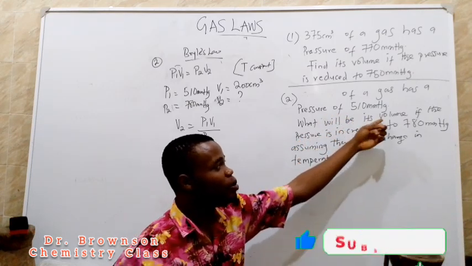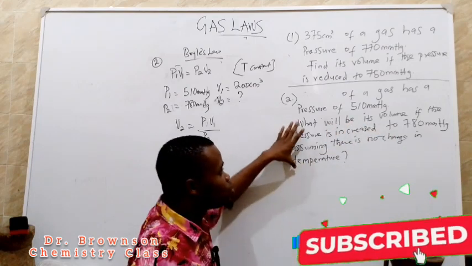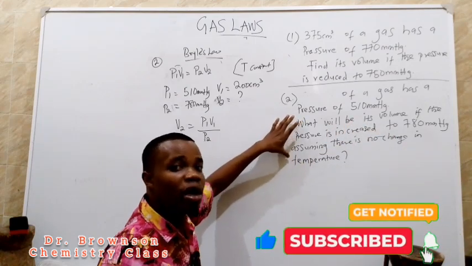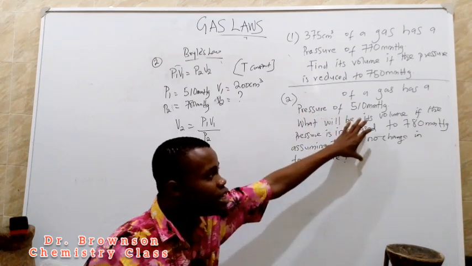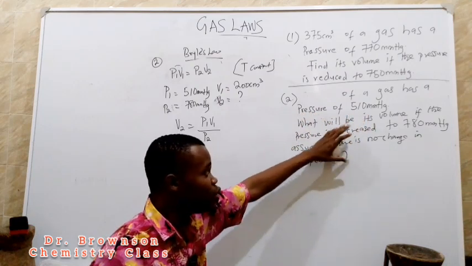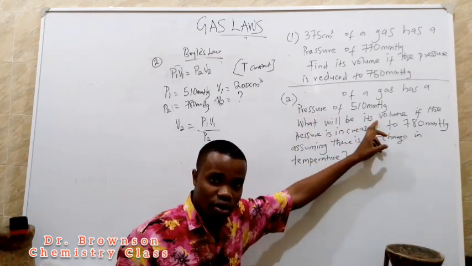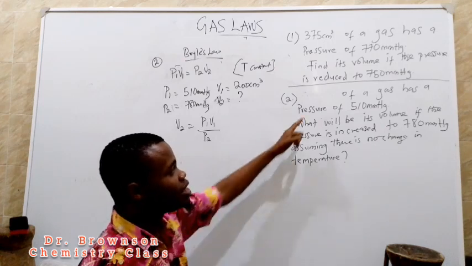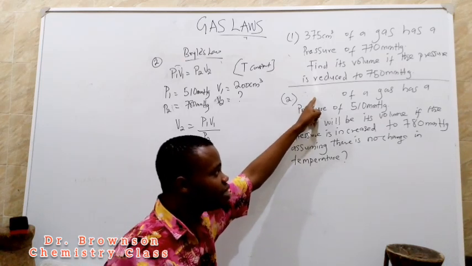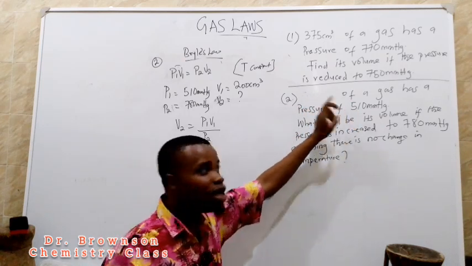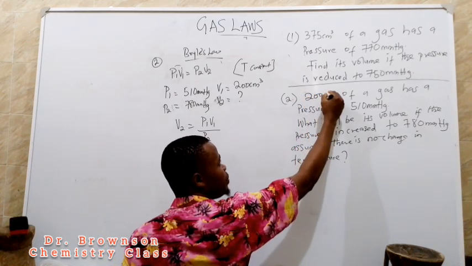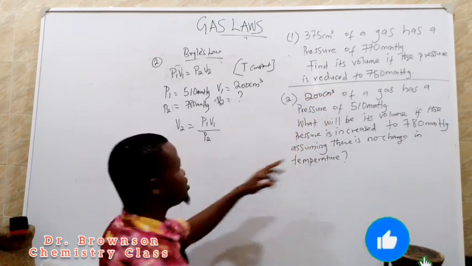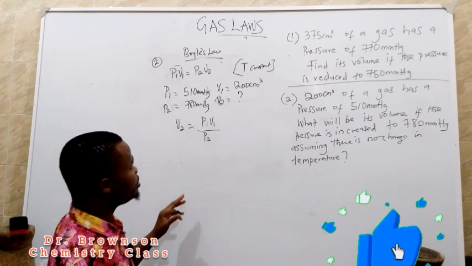Let's say the volume was given in the second part of the question, this would have been your P1, V1. But since the volume is given here, and your pressure is given here, that becomes your first parameter. So let's solve this problem.